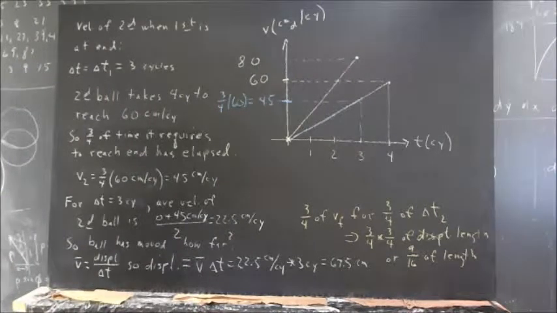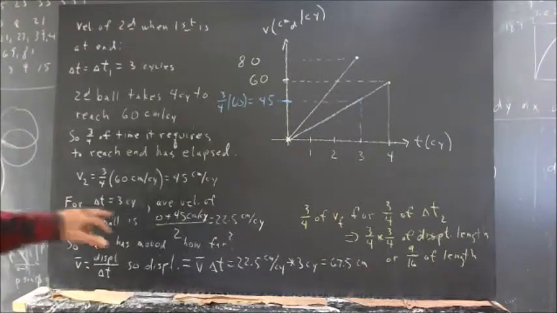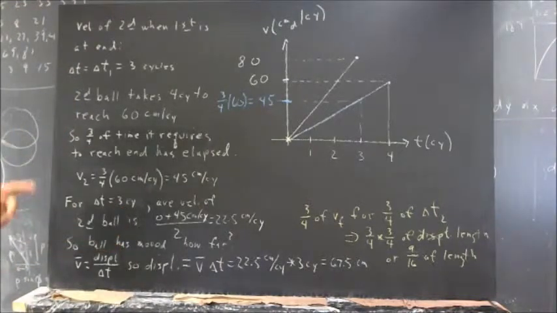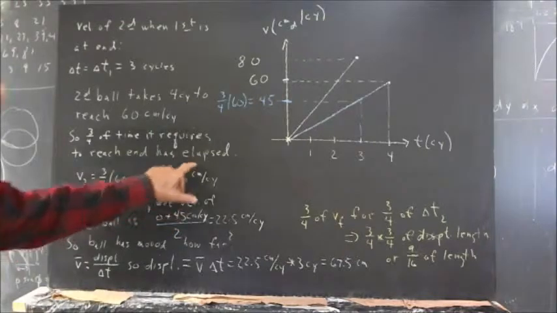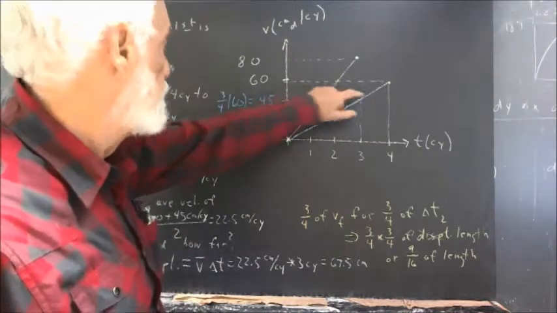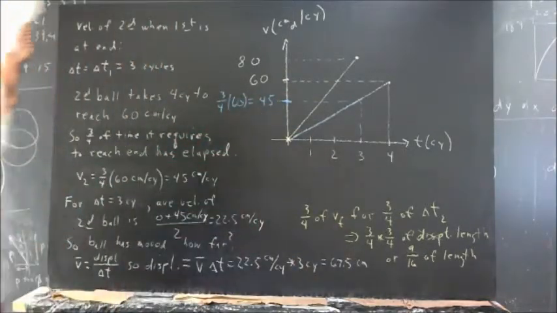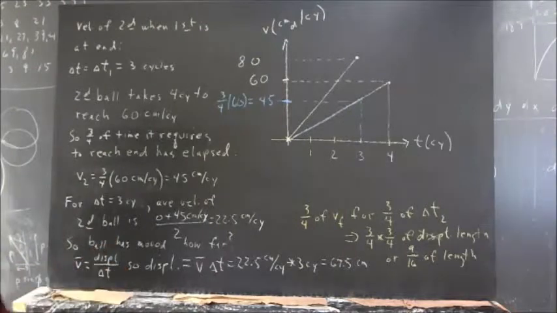So now the question is, where is that first ball at the end of the 3 cycles? Well, it's going to be moving at 45 centimeters per cycle. It started at 0, so it went from 0 to 45 centimeters d per cycle in 3 cycles. What's its average velocity?